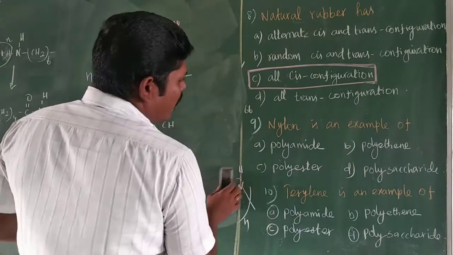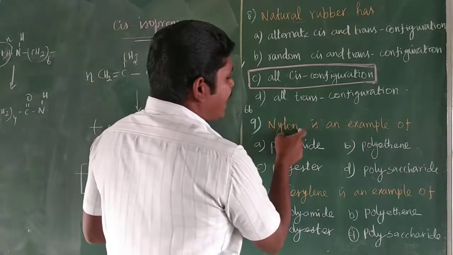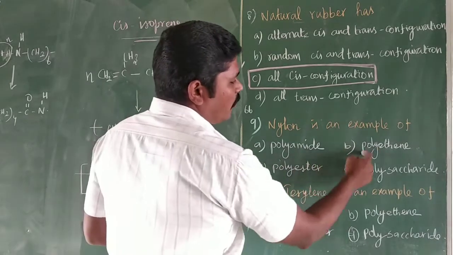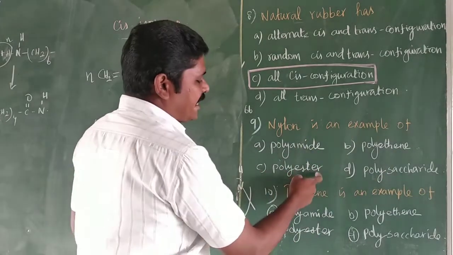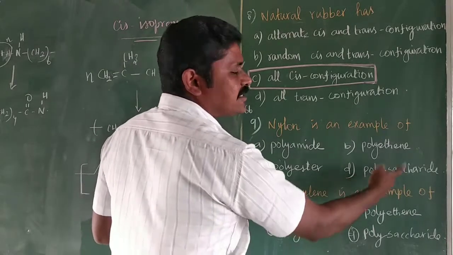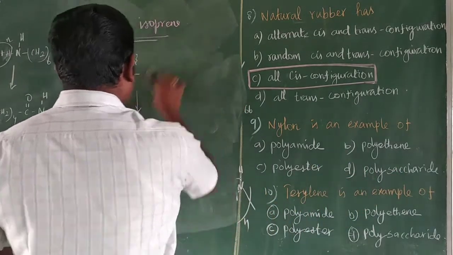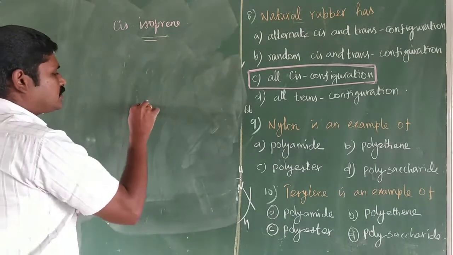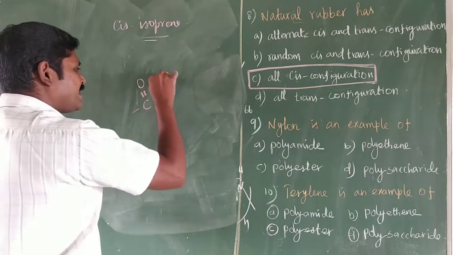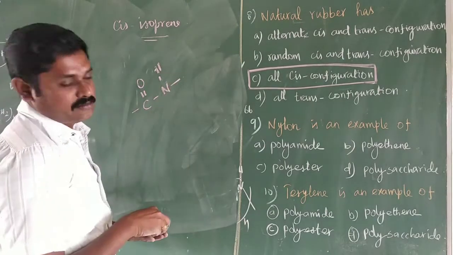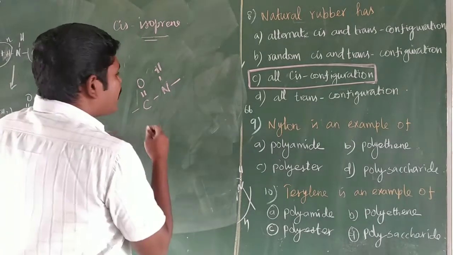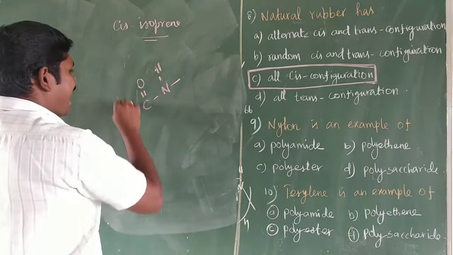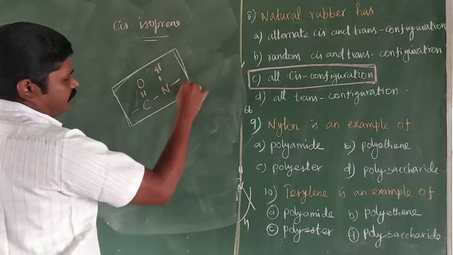The next, the nylon. The ninth question. Nylon is an example of option A, polyamide; option B, polythene; option C, polyester; option D, polysaccharides. Nylon contains the C double bond O, N H linkage. This C double bond O, NH is an amide structure.